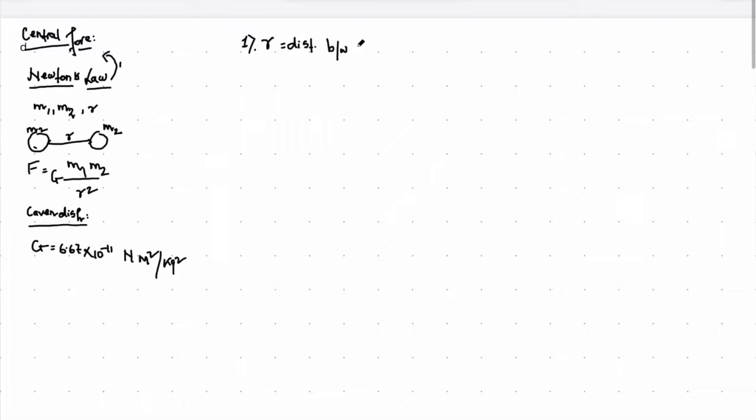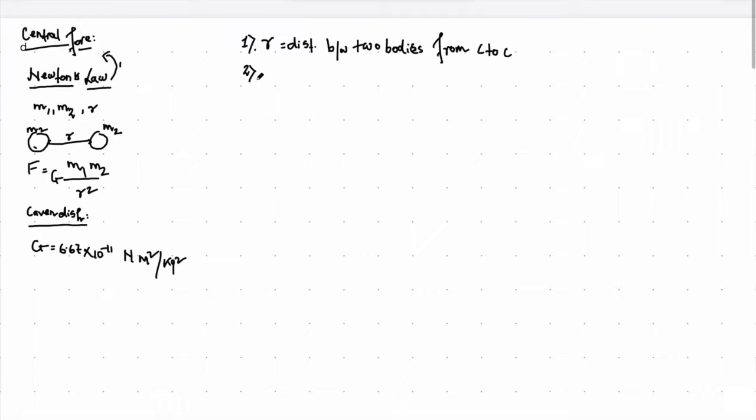But if it's a larger body, we are basically considering it from center to center, between two bodies. Okay, so that's the first thing that we should note when we are talking about central force.